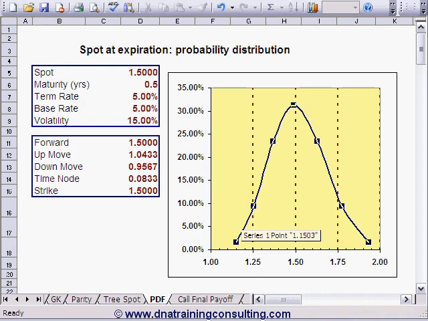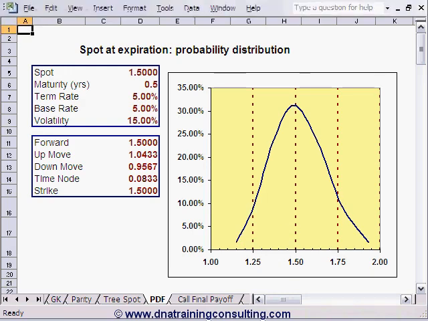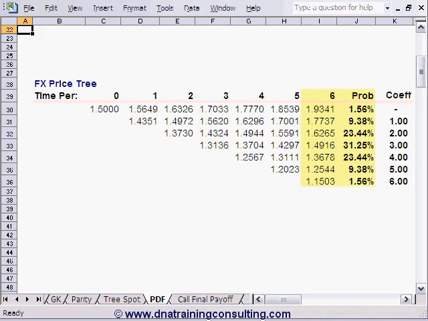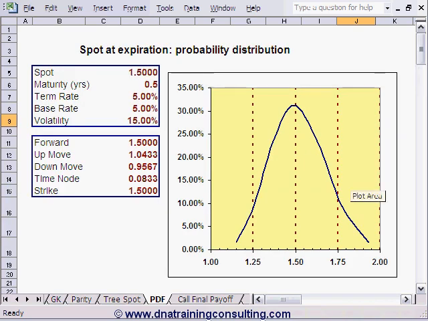This graph is derived from a table that lies directly underneath, which is the same one as before, but now includes the probabilities calculated as explained above. This graph can help deepen your understanding of option pricing by helping you visualize what happens as you change either of the interest rates or the volatility.